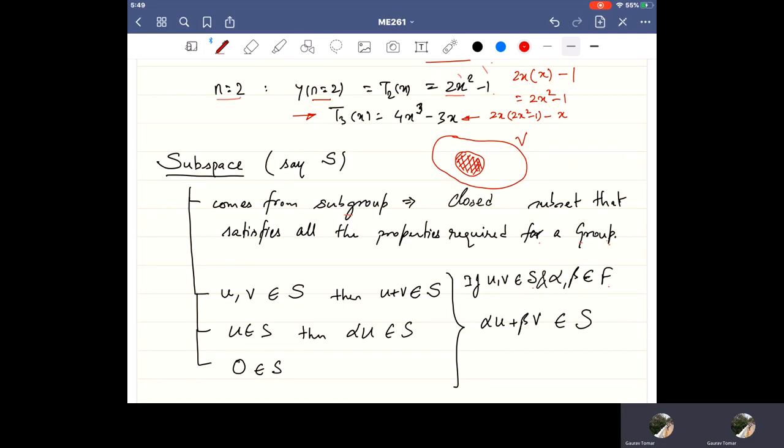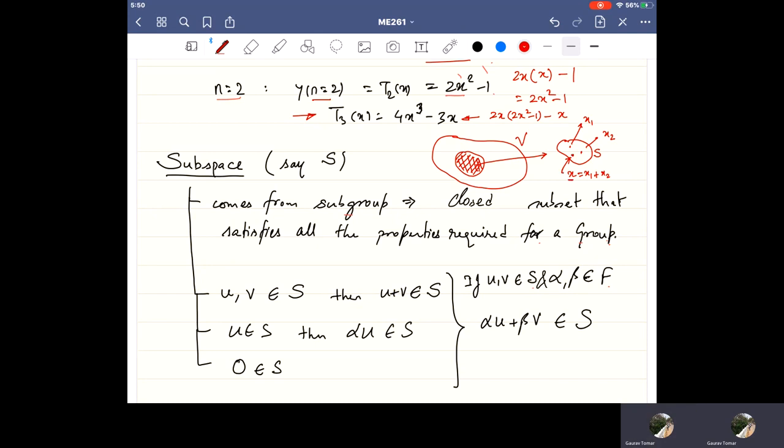If you take any two elements from this subset, let's say x1 and x2, and do the binary operation between them, let's say you write x as x1 plus x2, and that turns out to be that for every x1, x2 in this smaller set, which we call S, the resultant vector x would also lie in the same set.